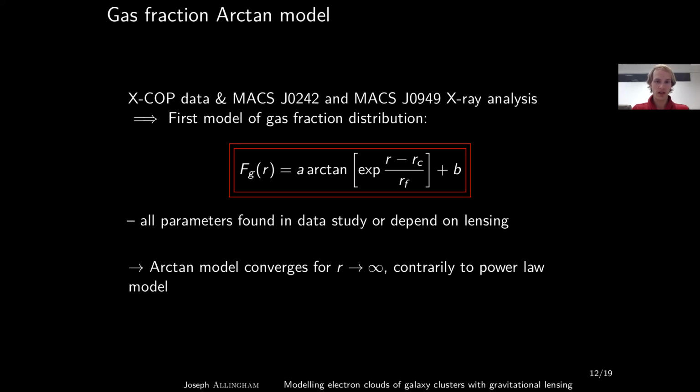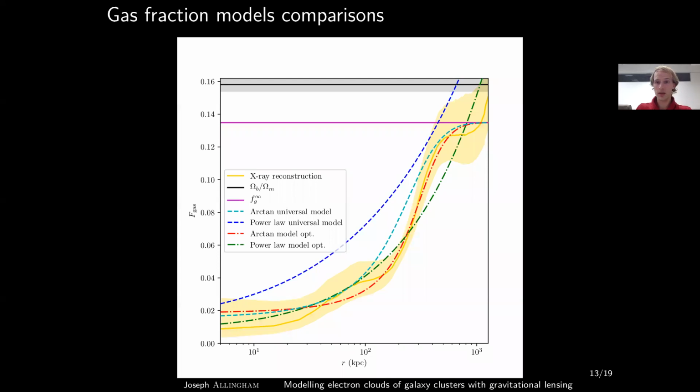So I call it the arctangent model, and I must outline that all parameters are known. A, B, RC, RF are either coming from lensing or from a universal parameter. And it's very interesting also because an arctangent model will converge for r tends to infinity.